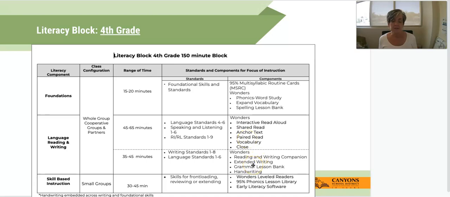But also there are extended writing projects. There's a grammar lesson bank, and there is handwriting that can be used to teach and reinforce cursive. You'll also have that 30 to 45 minutes working in small groups with Wonders leveled readers like you've had before. You will also have the 95% phonics lesson library like your schools have now, and any early literacy software.